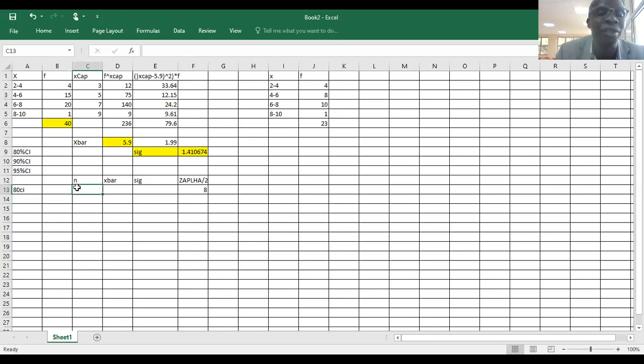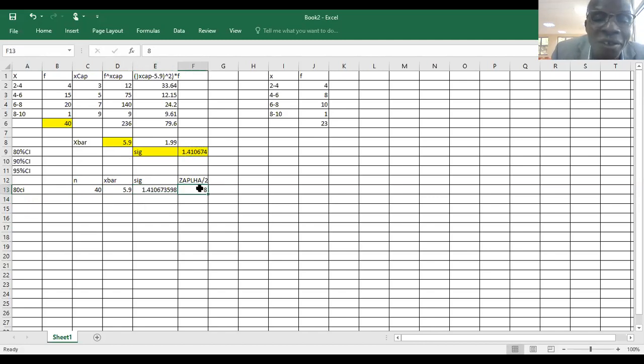So these are the figures I'm picking. My N is 40. My X bar is here. That's my X bar. My sigma, I calculate it is here.